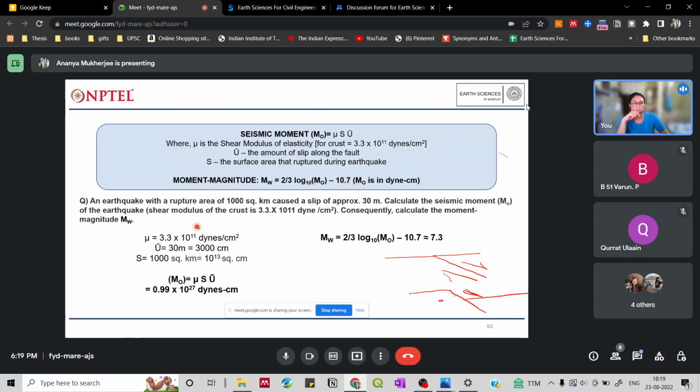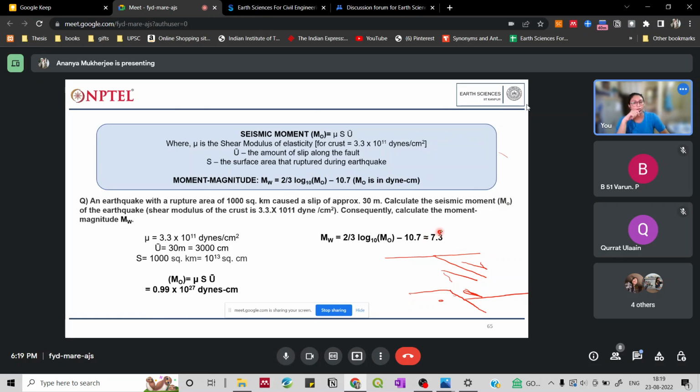You first convert the units into dyne per centimeter square, because even for moment magnitude we need the seismic moment in the CGS unit system. So you convert them, and then you get this answer, and you use this to calculate the moment magnitude, and it is approximately 7.3.